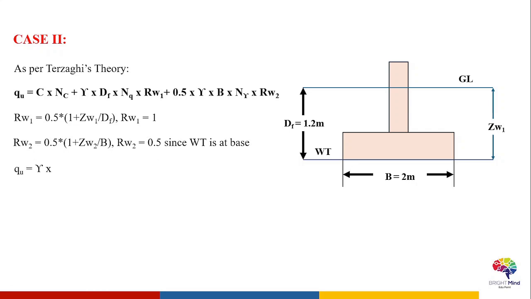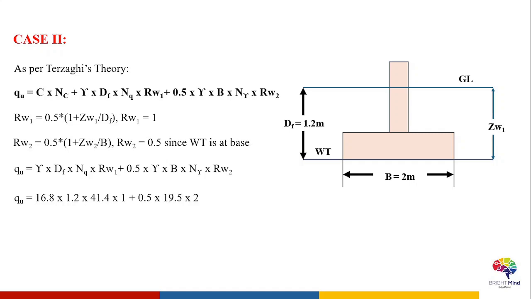We'll substitute the values of all the variables available with us in the above equation, and we have to make sure that in the wedge term the value of the unit weight of the soil is to be considered as saturated, since all the soil below the base of the footing is under the influence of the water.